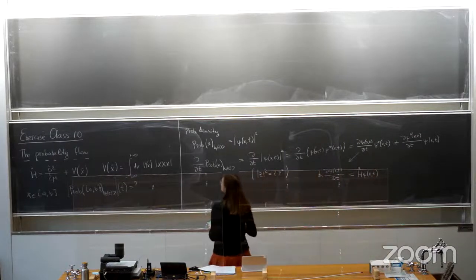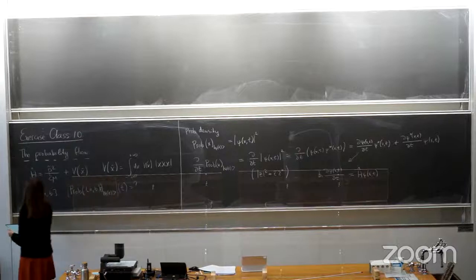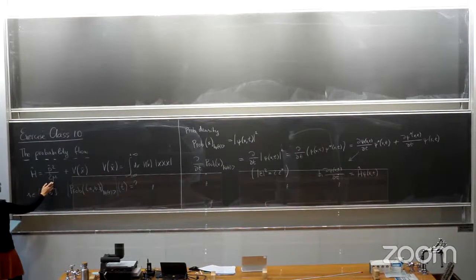So this is the Hamiltonian the particle is subject to. This is the usual part, p squared over 2μ plus the potential.